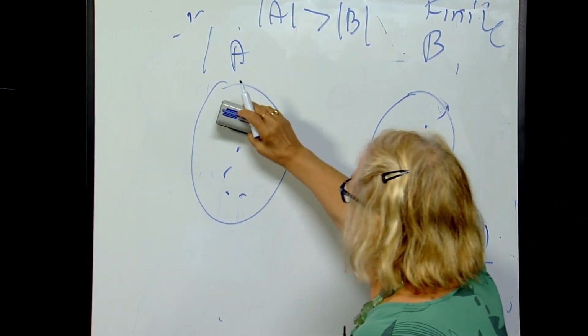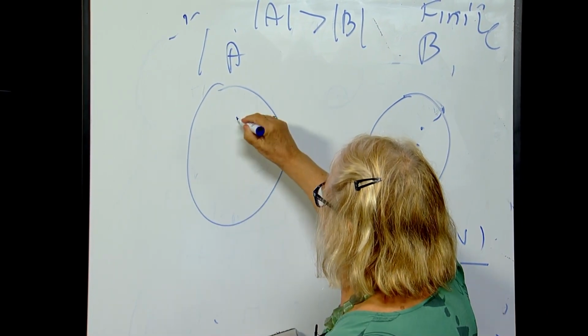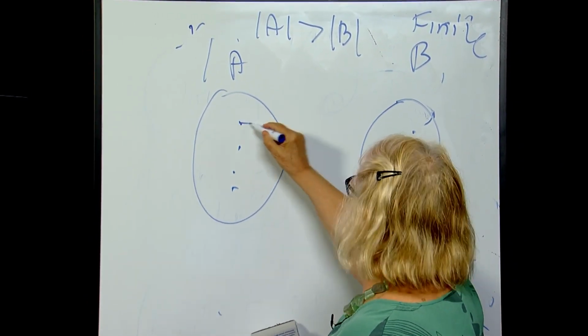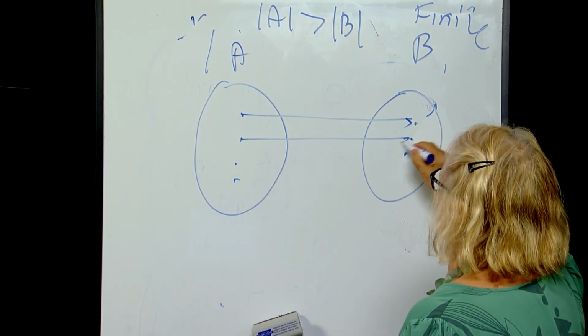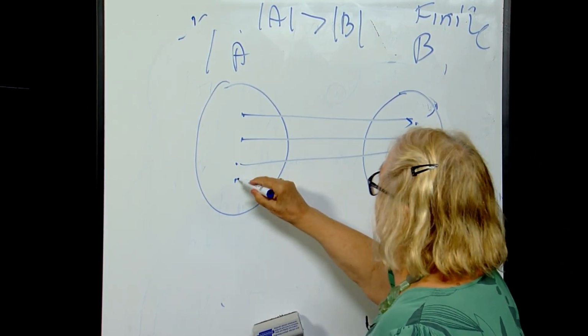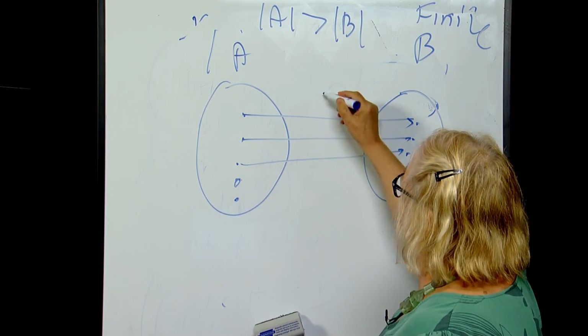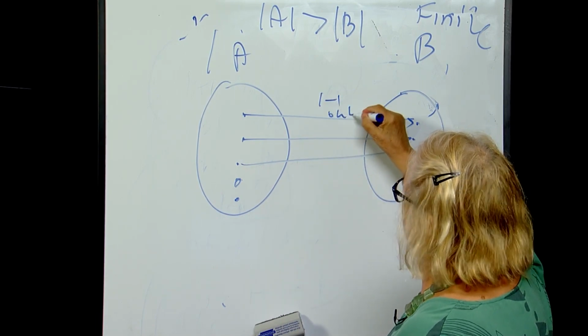So if you want to map, you cannot map one-to-one if there are more elements. This is one-to-one, onto.